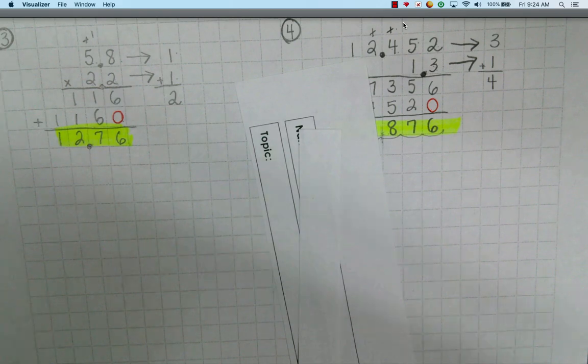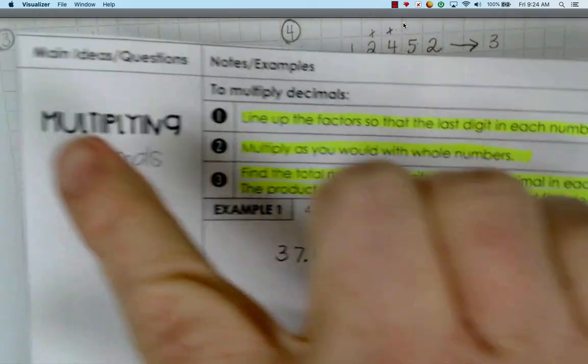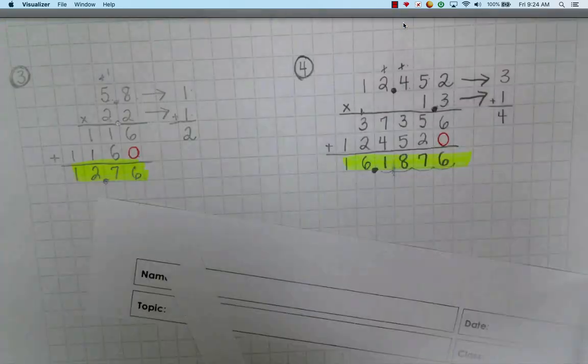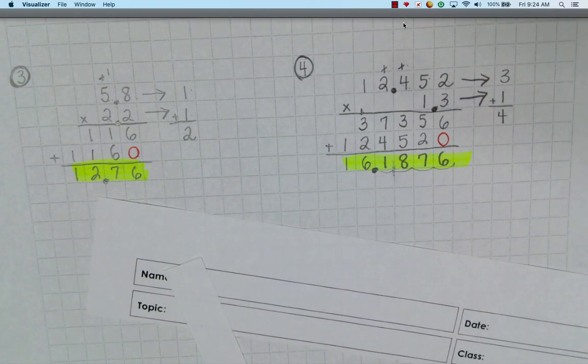So I'm just showing you so far. I cut across the top here, so I took this off. We don't need it. And then I'm cutting along all the edges, and that's what you're going to do as well on both sheets. So these will fit lovely in your interactive notebook.